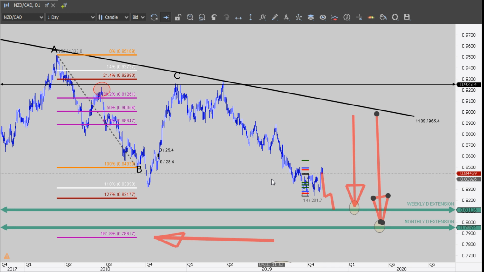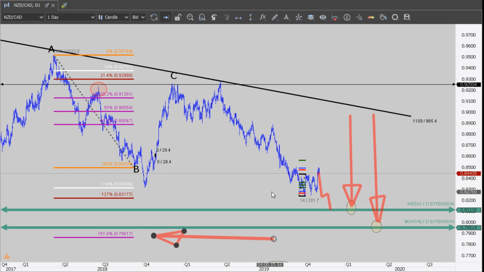If the higher time frame controls the smaller time frame, and Miguel says, well, let's profit take at the D down here, it goes in the opposite direction, yes.